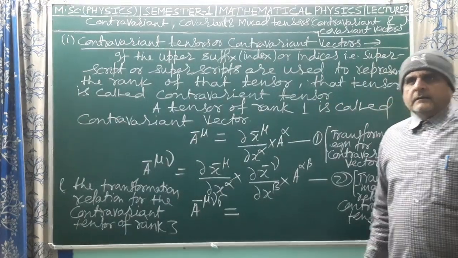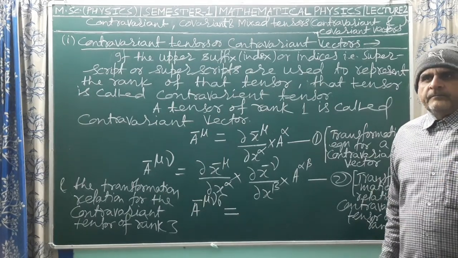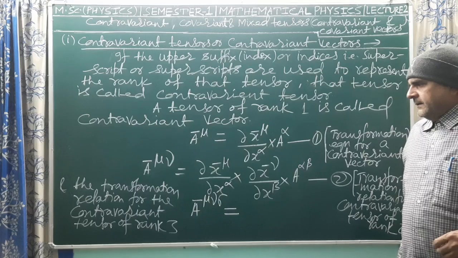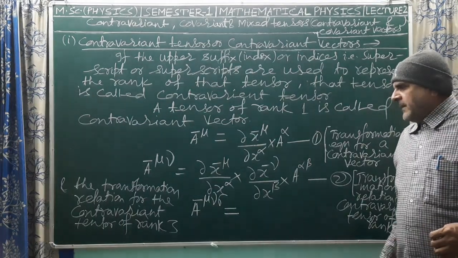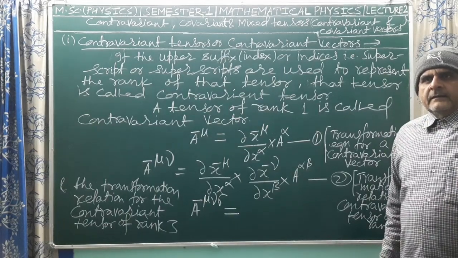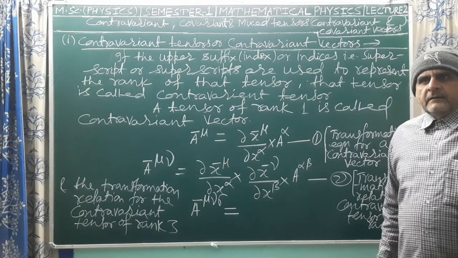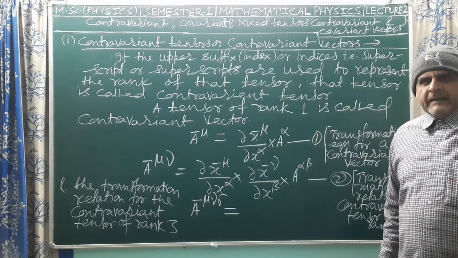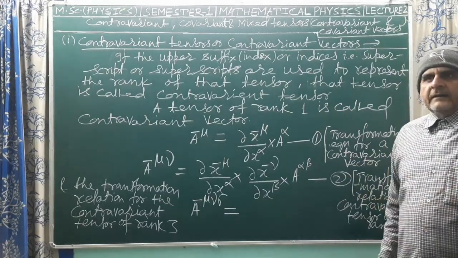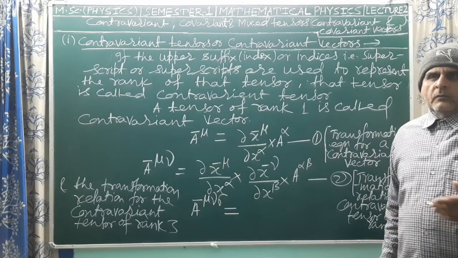These are the quantities in the another coordinate system having variables x bar mu, while a mu nu sigma are the quantities in the first system of variables x to the power mu, with mu, nu and sigma having values 1, 2, 3 and so on to n.